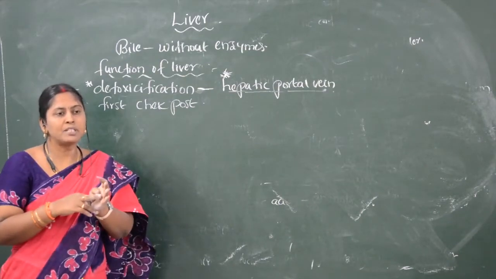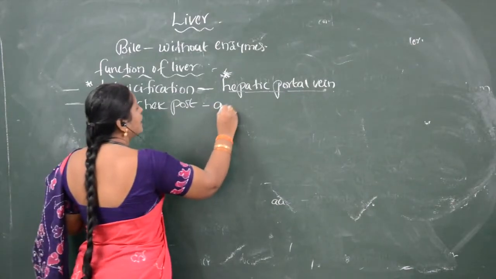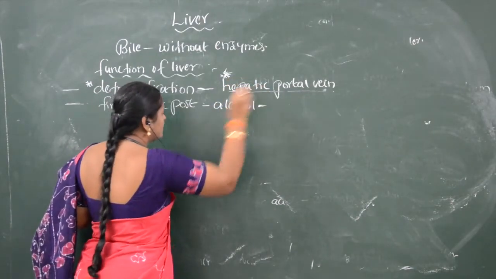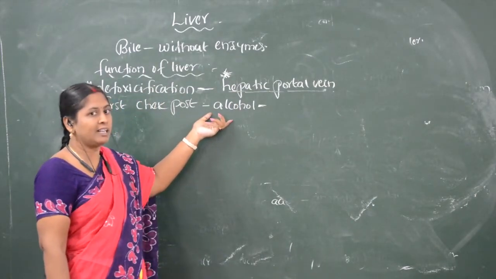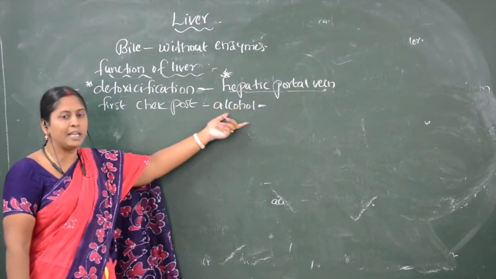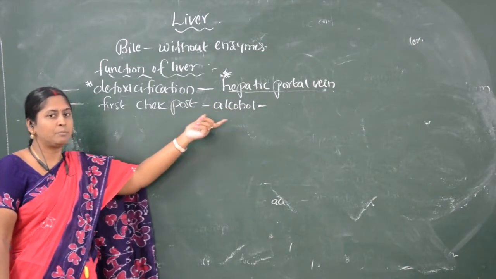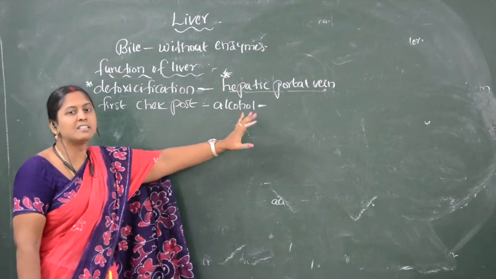Suppose a person is consuming alcohol. Alcohol is called mandu in Telugu. When persons are continuously drinking, we say their liver is damaged.